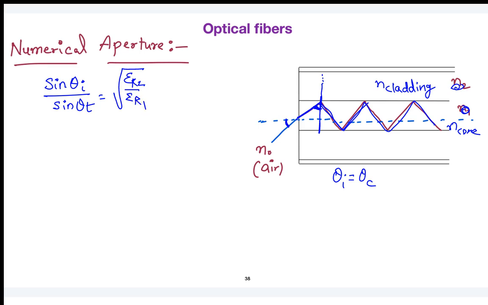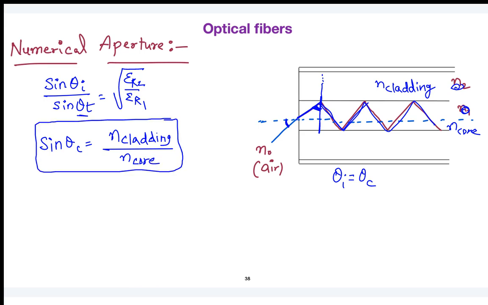So the minimum angle here should be equal to the critical angle. And theta t should be 90 degrees when you are defining the critical angle. So sine theta c is equal to the refractive index of cladding divided by the refractive index of core. Any questions on this point?